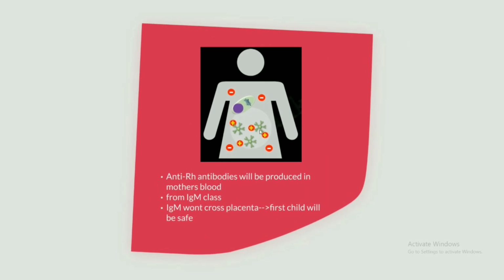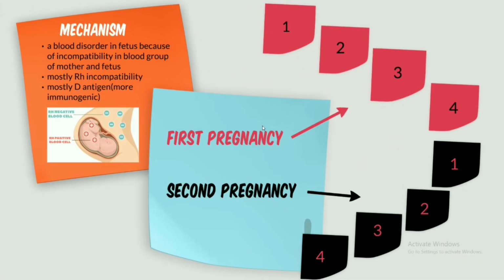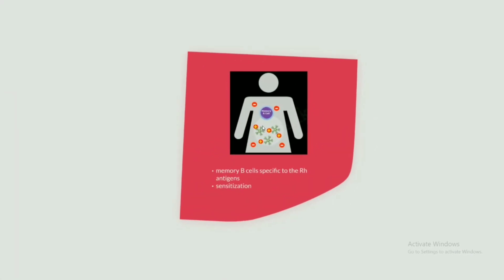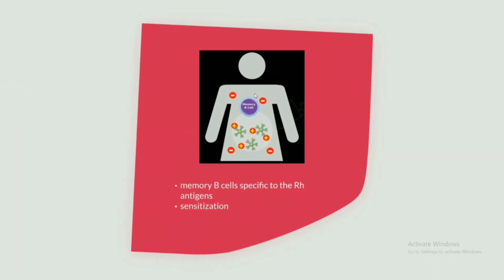Anti-Rh antibodies will be produced in mother's blood. Of course, it's from IgM class. Why? Because it's produced by plasma cells. As we know, IgM can't cross through a placenta, so the first child will be safe. Now there are memory B cells specific to Rh antigens in mother's circulation, so sensitization happens.